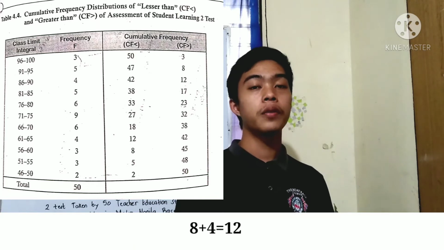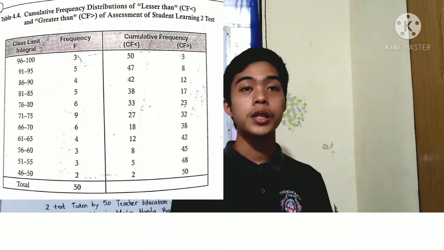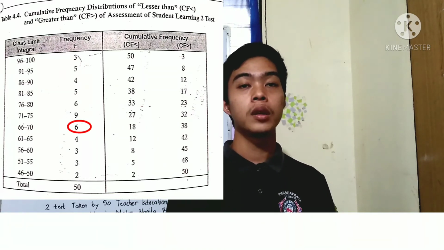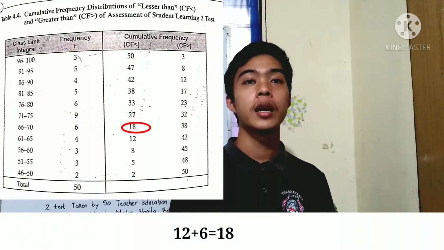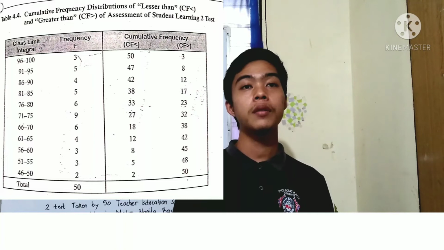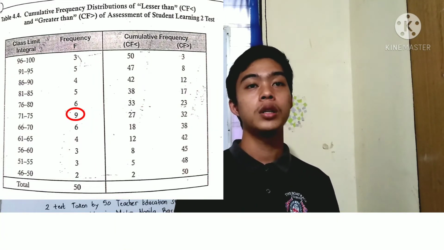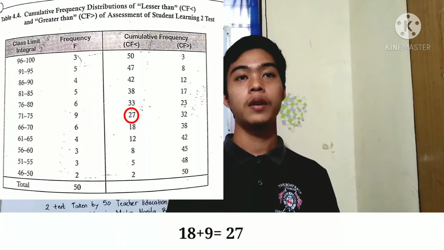So 8 plus 4 equals 12. For the frequency of 6 in the class limit 66 to 70, you will just add 6. So 12 plus 6 equals 18. For the frequency of 9 in the class limit 71 to 75, you'll just add 9. So 18 plus 9 equals 27.